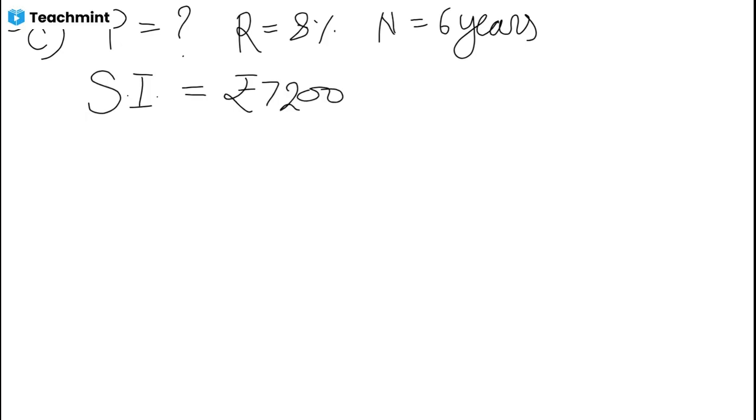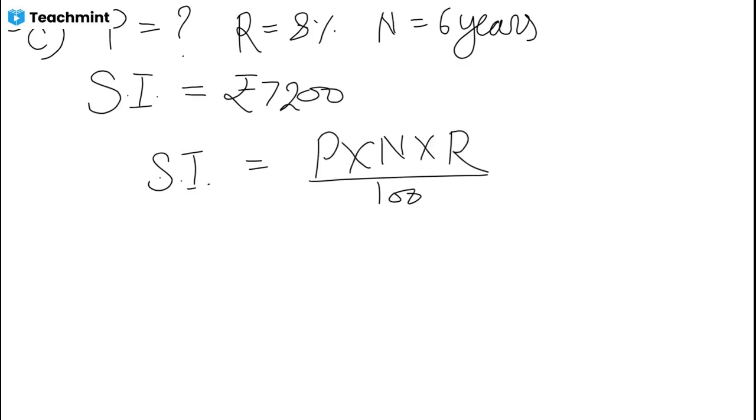So SI, we know the formula: P into N into R over 100. P is unknown. So let us now put in the rest of the values and the value of SI also.